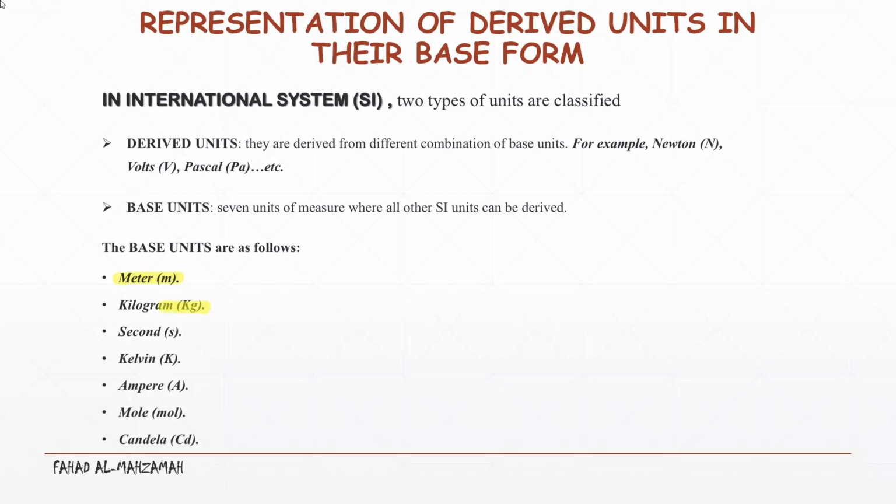The second one is the kilogram, which is the unit of mass. The third one is the second, which is a unit of time. Kelvin is a unit of temperature. Ampere is a unit of electrical current. And mole, which is a unit of amount of substance. And candela, which is a unit of light intensity.